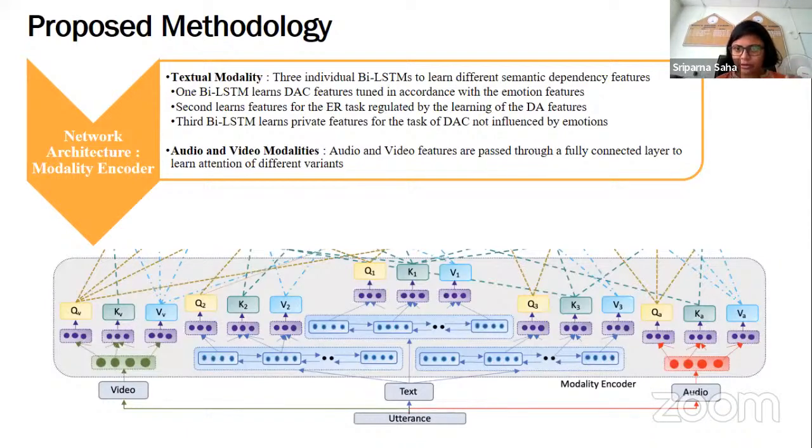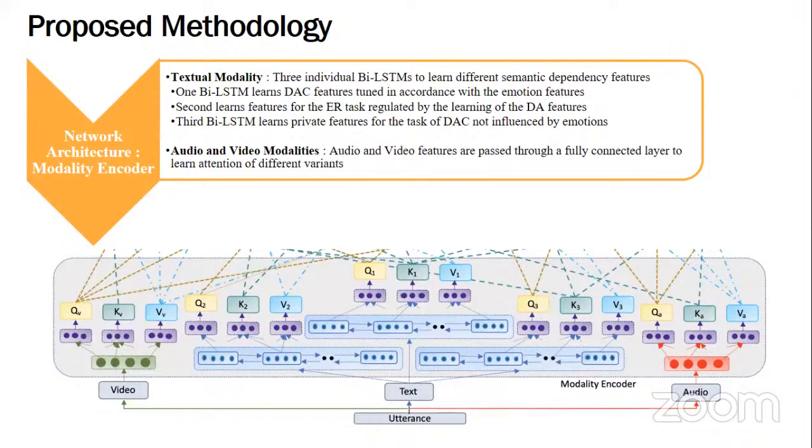So basically you do not have to map, because the dataset is already created like this. It's already given that this utterance is said in this interval, so you have the audio and the video of that particular interval.